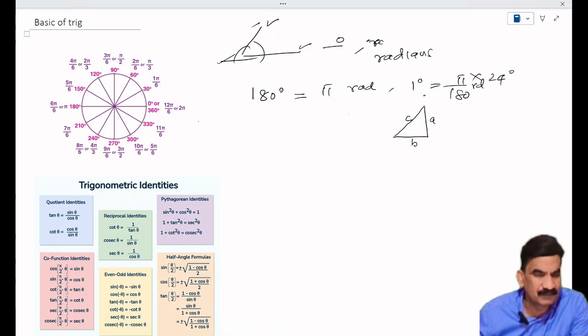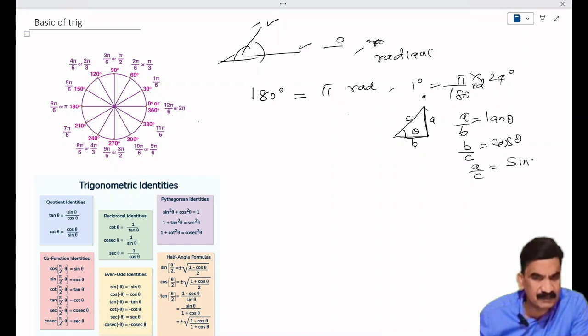If you're looking from here, then this is the base and this is the perpendicular. Anyways, these three sides have ratios. Ratio A by B is called tan of what? The angle between these two. Tan theta, x, y, z, whatever. Ratio B to C is called cosine theta, and A to C is called sine theta.